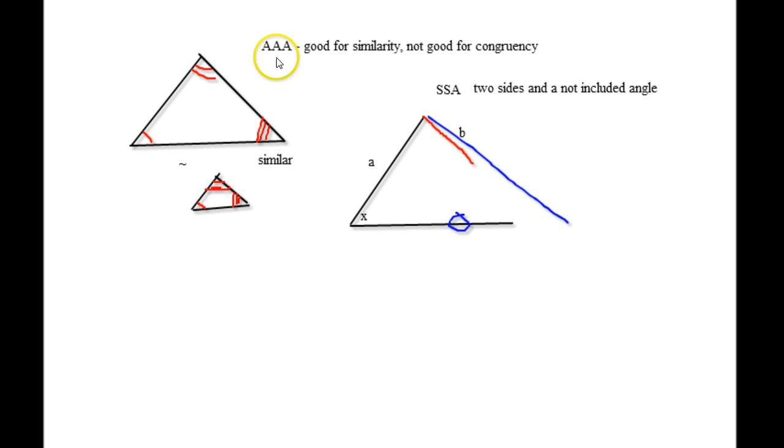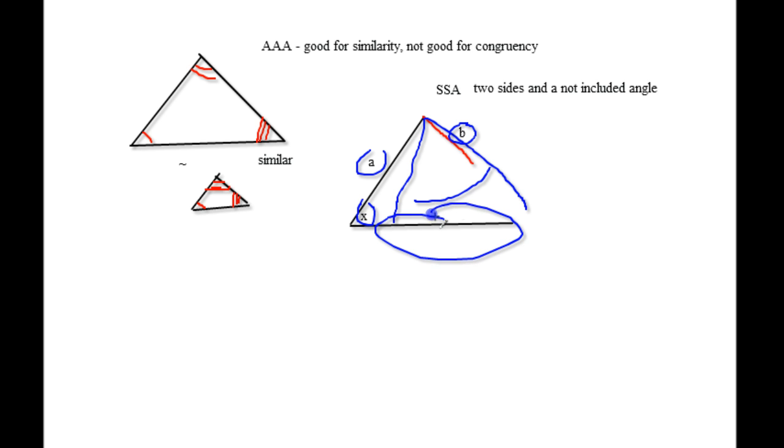Alright, but here's the other thing. If B is just the right length, so let's say I didn't have it insanely long, but I had it just long enough, I could actually swing it back into here, so I could take it and swing it and still keep A, B, and X all the same, and yet have a different bottom side, and thus I have two different triangles that I could actually have.